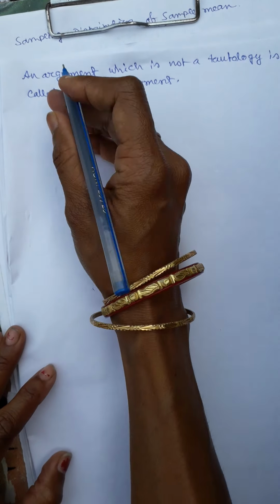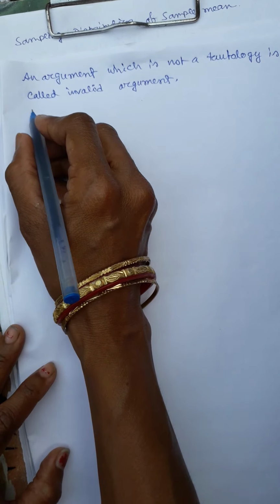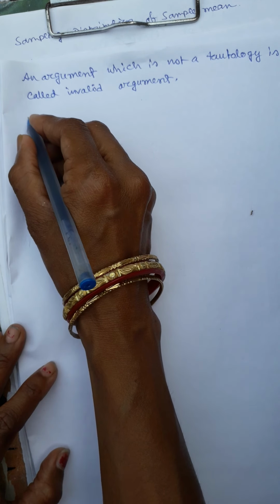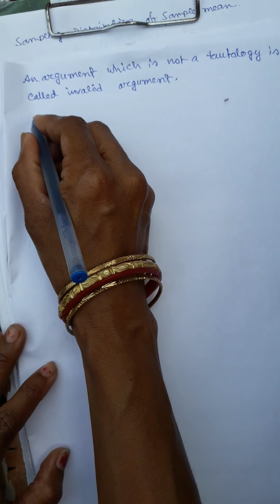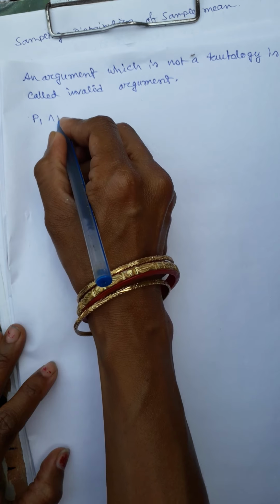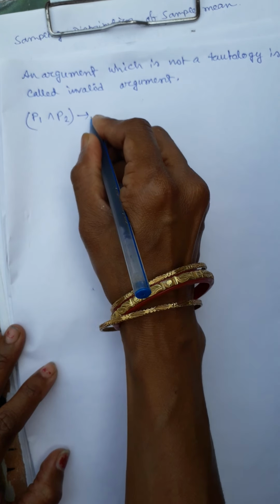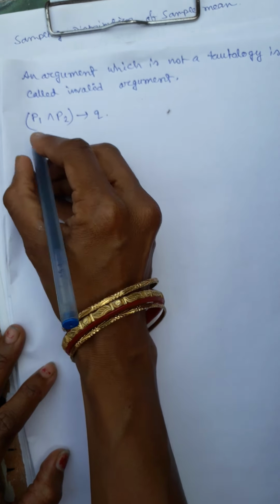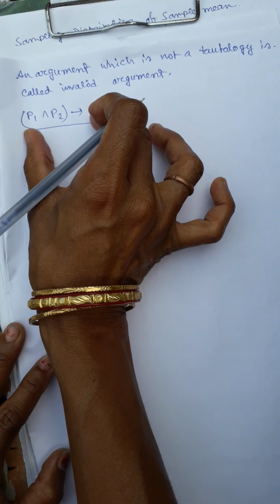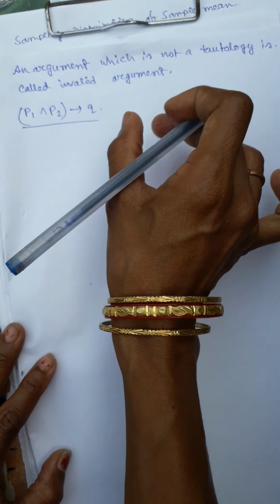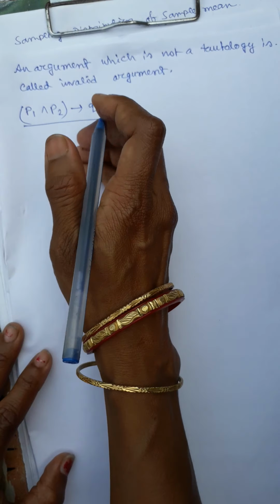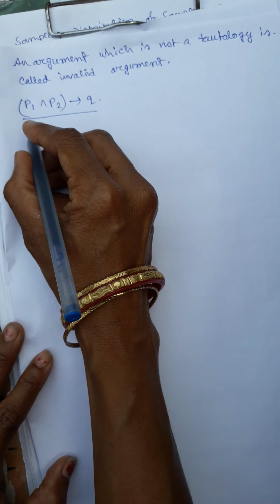For example, say we have to find the truth table of the expression P1 conjunction P2 implies Q. If we find the truth table of this expression and all the values are true, then this is a valid argument.